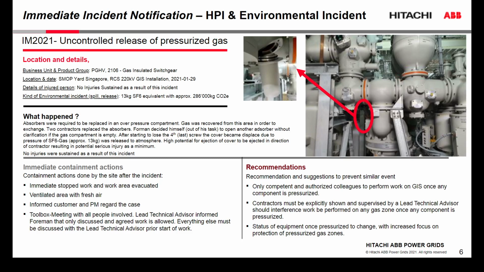That means people are aware they have to read the pressure in the gas compartment before loosening any screws and bolts. In this case, the substation was de-energized, so there was no harm in that regard, but it definitely had the potential for a major incident.